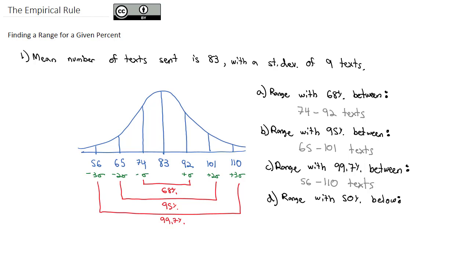Well, what's nice about the mean is the mean cuts everything in half. 50% below the mean and 50% above the mean, which means 50% of days send fewer than 83 texts, because that is the mean. So this allows us to identify ranges of values that a certain percent of days or of data values fall between.